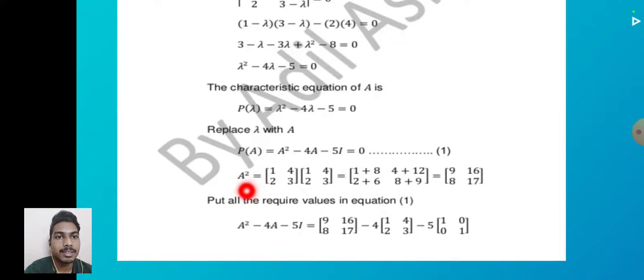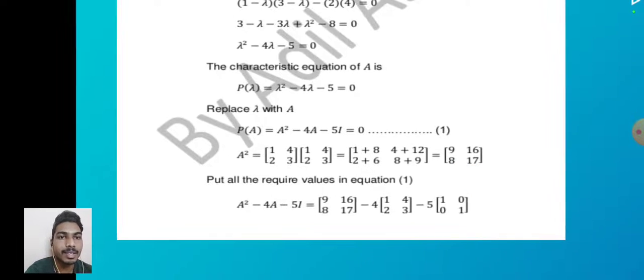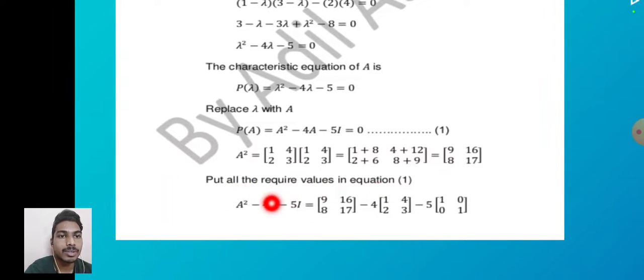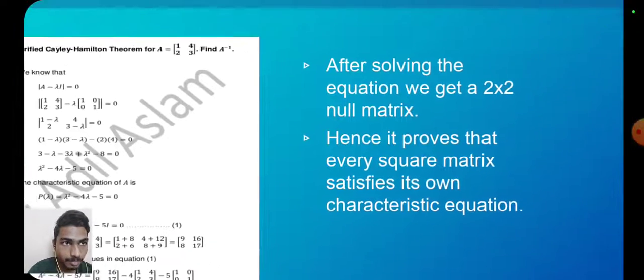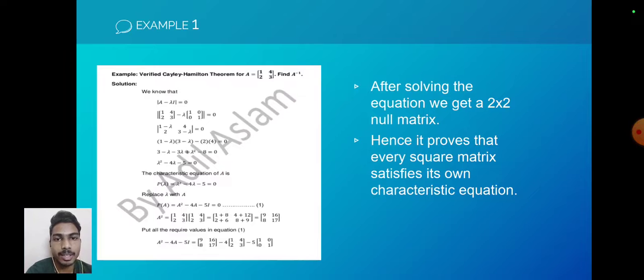That implies A^2 = [[1, 4], [2, 3]] times [[1, 4], [2, 3]]. If we multiply, we get the matrix [[9, 16], [8, 17]]. After solving the equation, we get a 2 by 2 null matrix. Hence it proves that every square matrix satisfies its own characteristic equation.